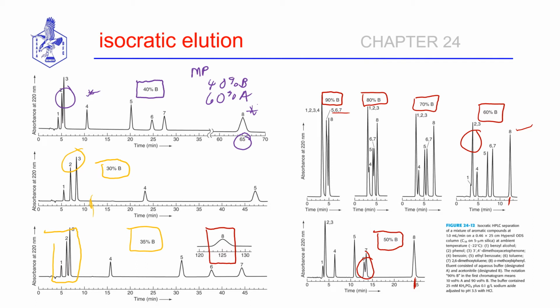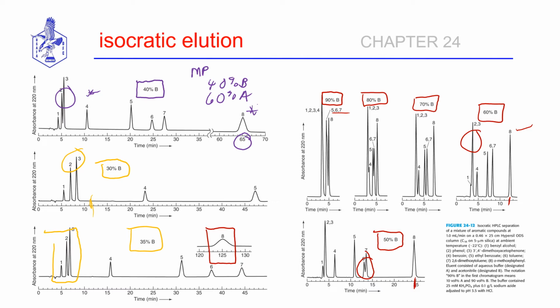So isocratic elution is going to be problematic from the standpoint of getting a clean separation in a reasonable amount of time. So how can I get around this problem?